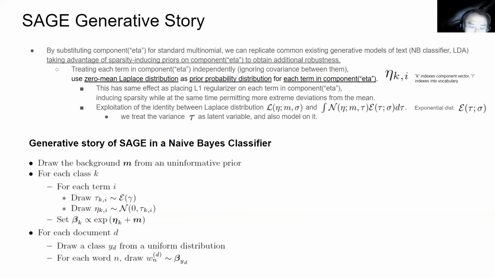For each class and for each term, we draw the variance from the exponential distribution, and based on that drawn variance, we draw from the normal distribution.